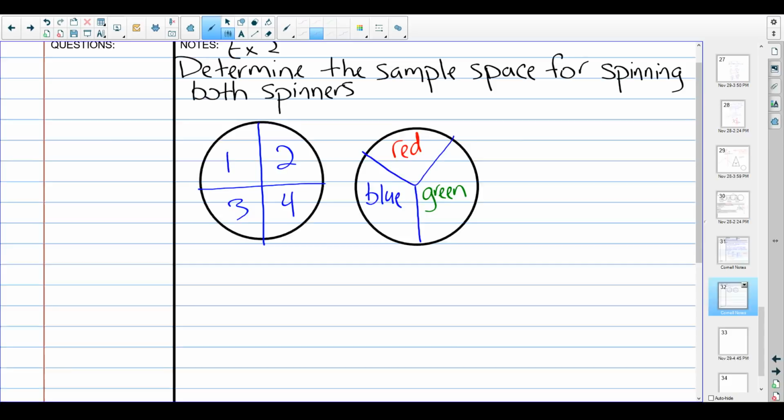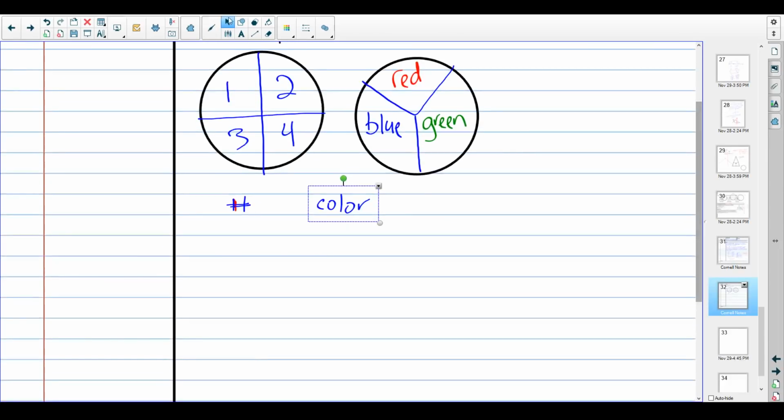So this time our 2 events, we have pick our number. That's our first event. And then we pick our color. Put these a bit closer together. So our first event, we want to pick one of our numbers on our spinner. So we could get a 1.